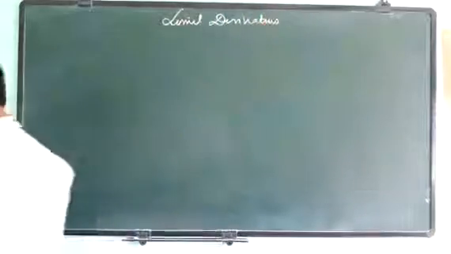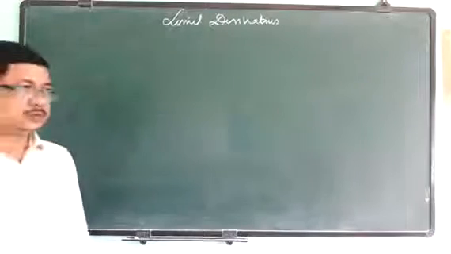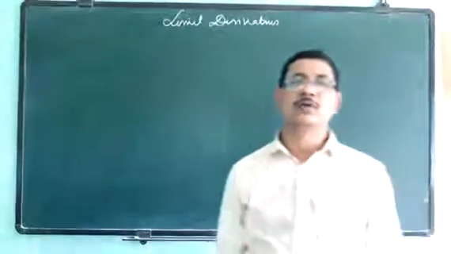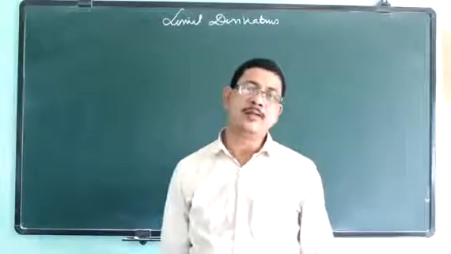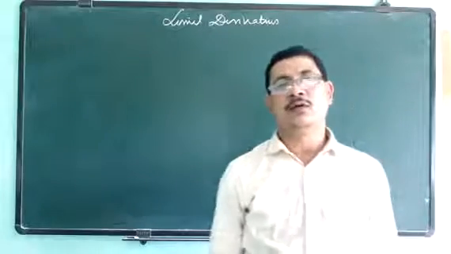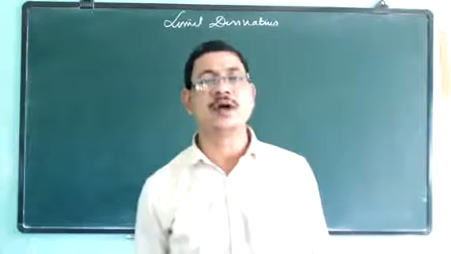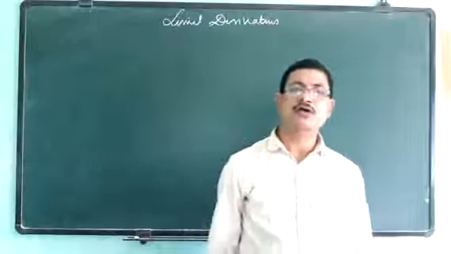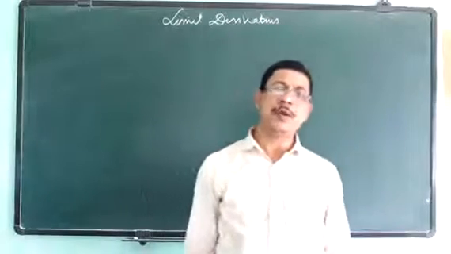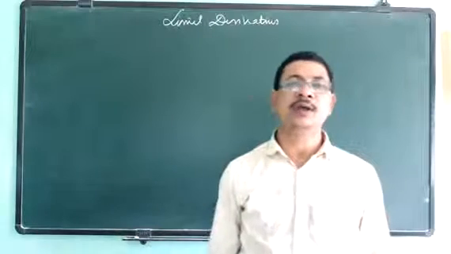Now students, I want to explain derivative again. Derivative is numerically, as I said in previous classes, the ratio of change of dependent variable to the very small change in independent variable.